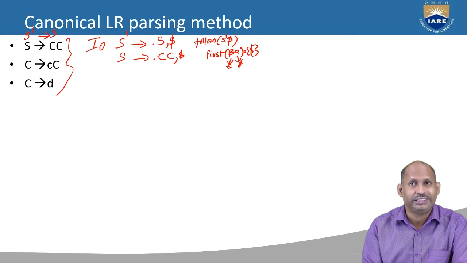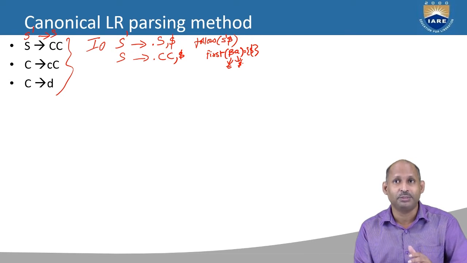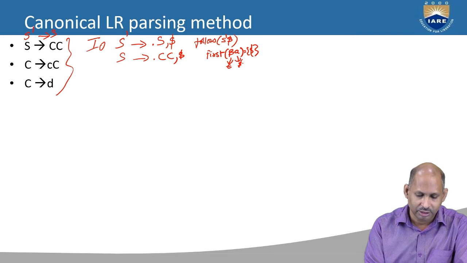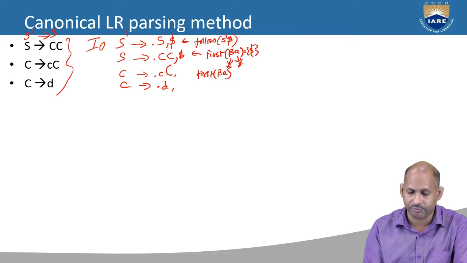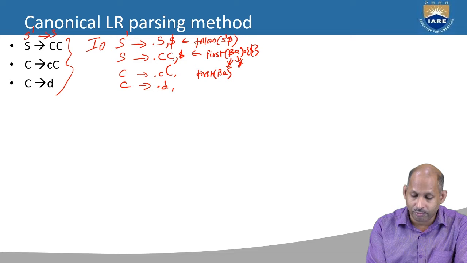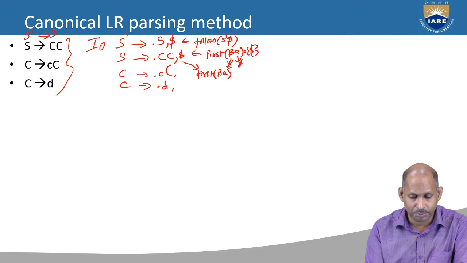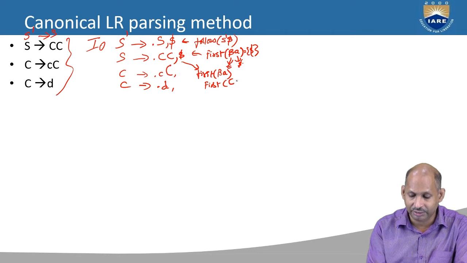Now, dot C. Once again, same story. So, expand the C productions. Here, we have two C productions: C gives dot terminal c capital C, and C gives dot d. Now, what is first of beta A? For this production, first of beta A is first of capital C dollar sign.